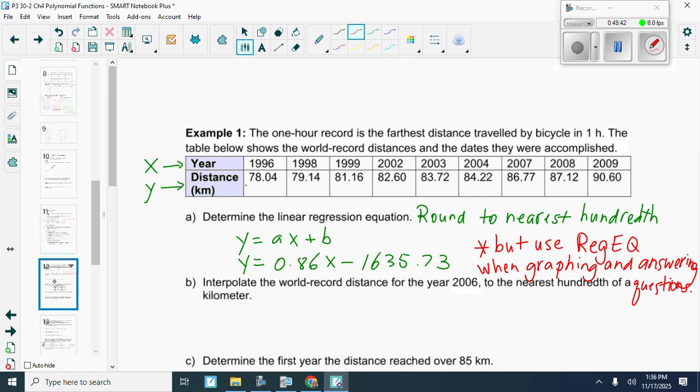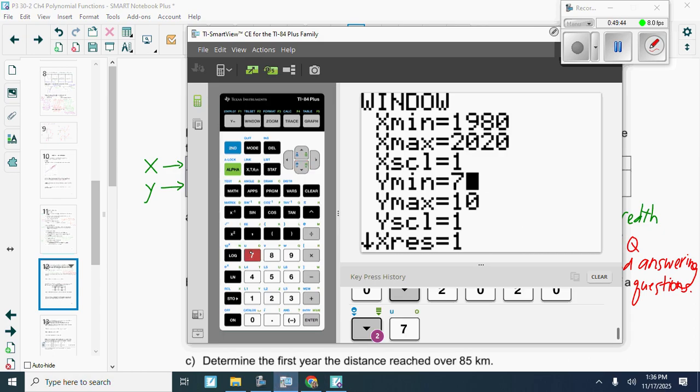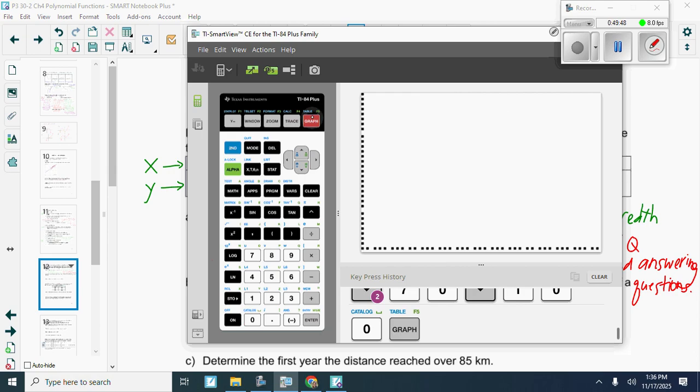So I'm going to go from 70 to 100. And then hit graph. Hey, look at that. We've got this beautiful straight line. So make sure that you've got this awesome straight line. It shouldn't have surprised us that it was straight because we did a linear regression. You would anticipate having a straight line. Once you put in your windows, then we can use that.